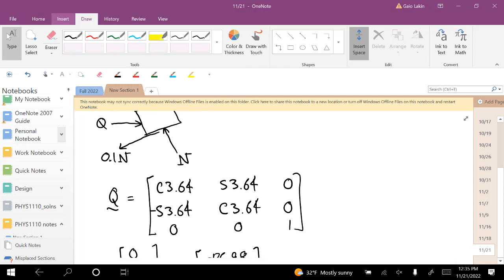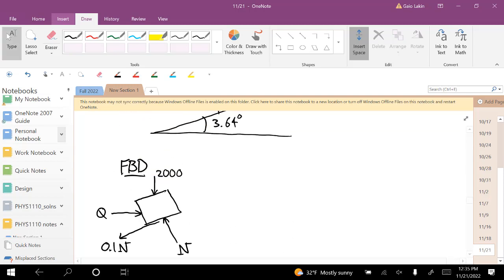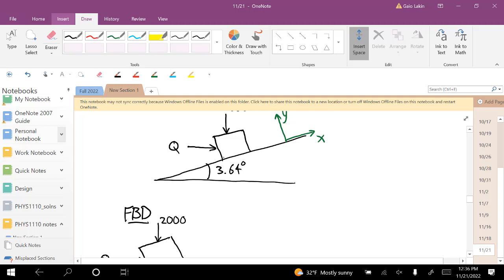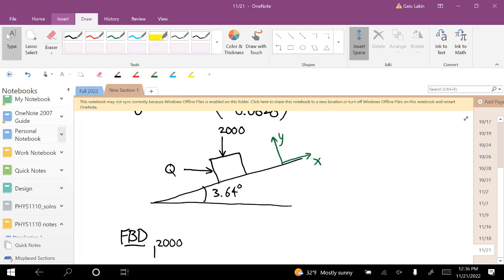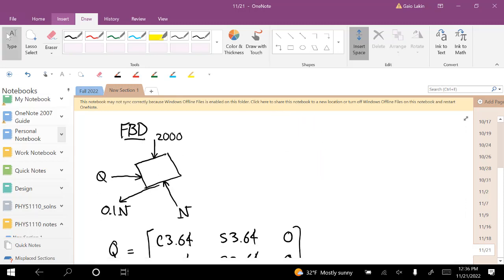So if you wanted, you could do the same thing and just leave it in a non-rotated coordinate system. Then you'd have to use the rotation matrix for the friction and the normal force. But when you solve the problem, you'd get the same values for the variables. If you ever did that in an engineering class, it would blow their mind, I'll bet. Like, what are you doing?